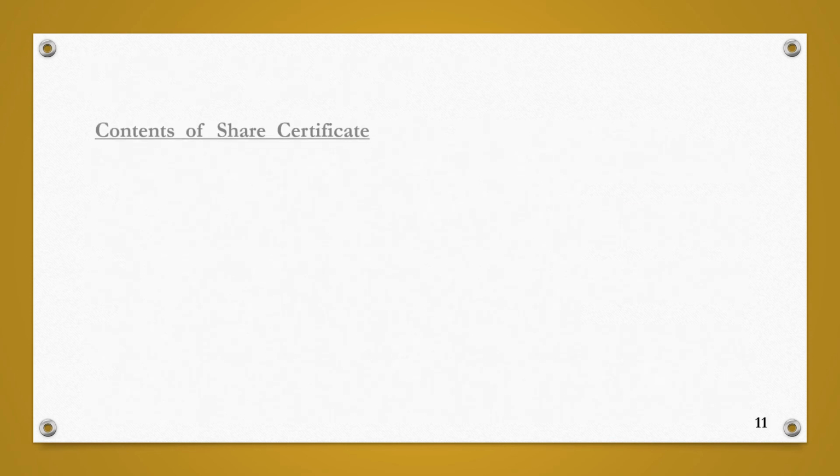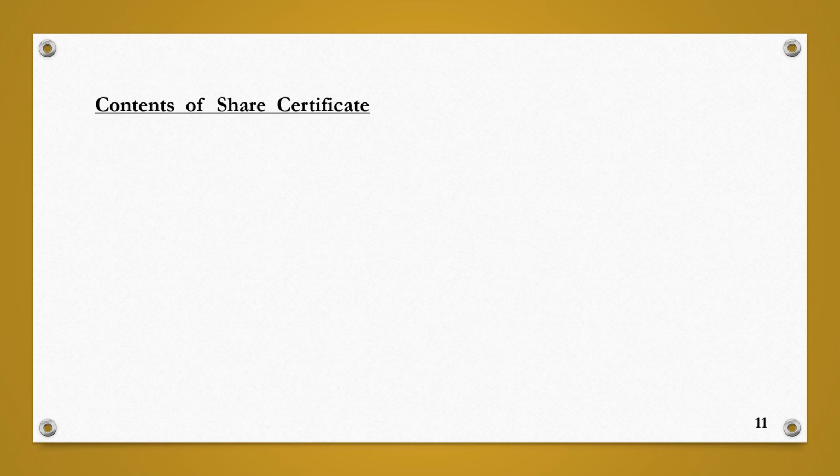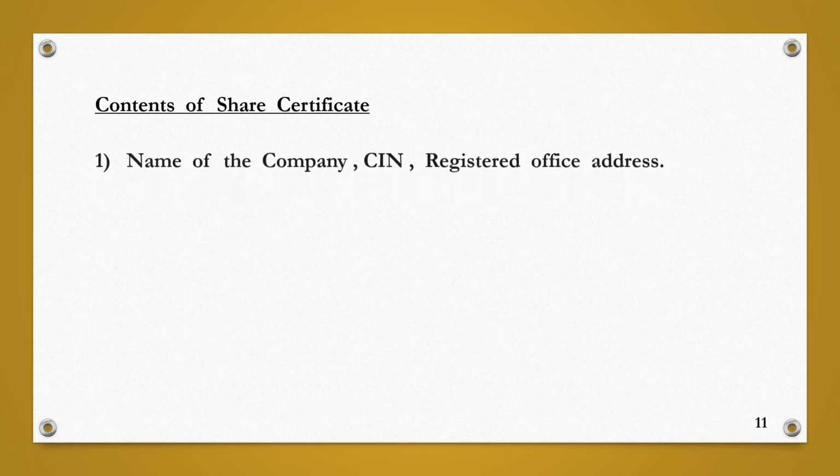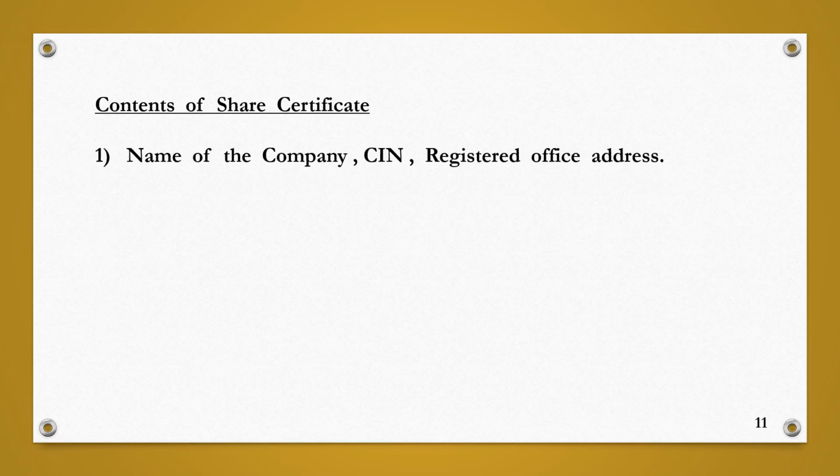Let us now move towards the contents of share certificate. What do you mean by contents? Contents indicates the details which are required to be included in the share certificate. The first one is name of the company, CIN number, that is corporate identity number, and dear students, we have already studied about corporate identity number in your 11th standard.